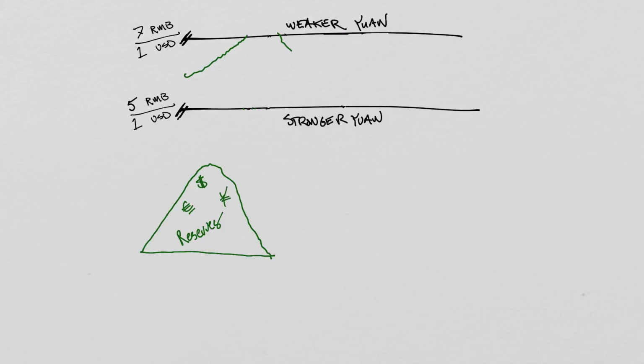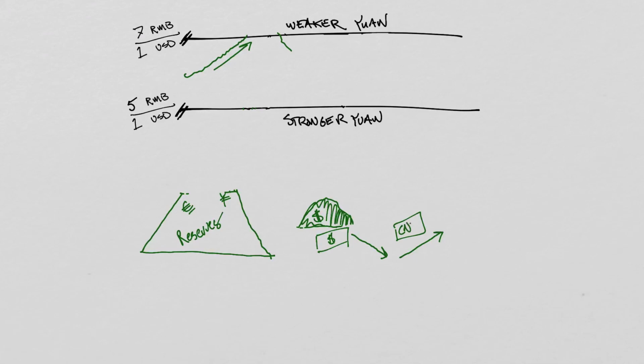Now that they've built up a pile of foreign currency, what they can do when the yuan becomes weak like this is to take some of this pile of dollars that they've built up, for example, and sell it. They will sell US dollars that they own, and in exchange, they'll buy up more of the Chinese yuan that is out in circulation.